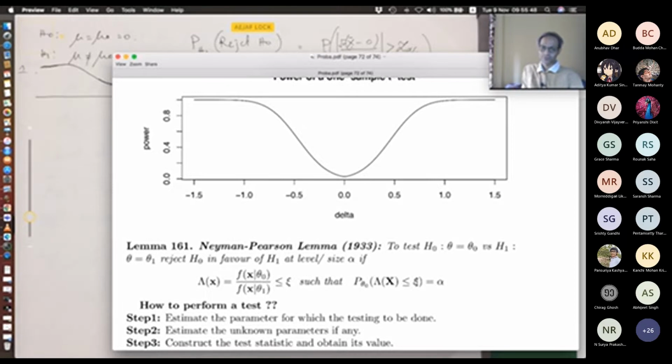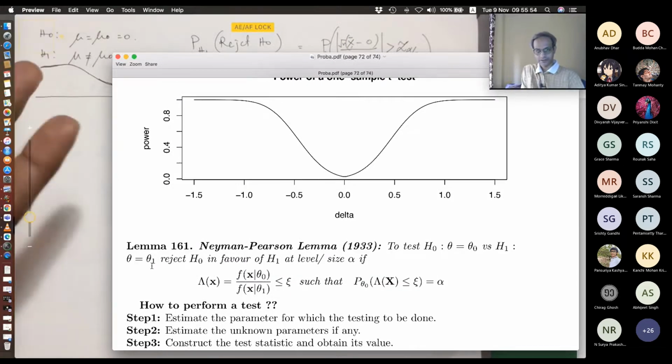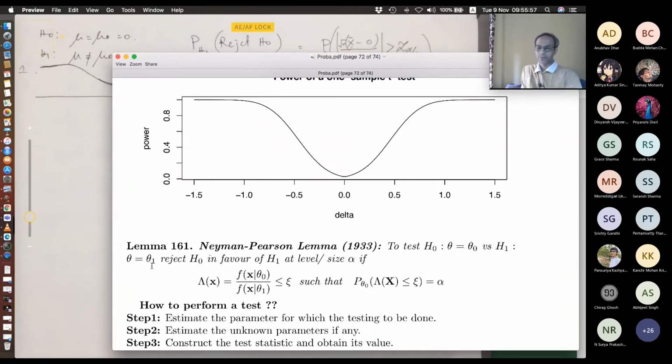Or maybe say if mu1 is greater than mu naught, xi will be z alpha. If mu1 is less than mu naught, xi will be minus z alpha. So in that way, eventually you will be able to extract the value of xi and the condition that this quantity less than xi is equivalent to x bar being greater than something or less than something, in that way it will come up.